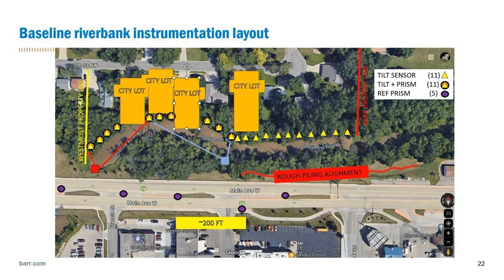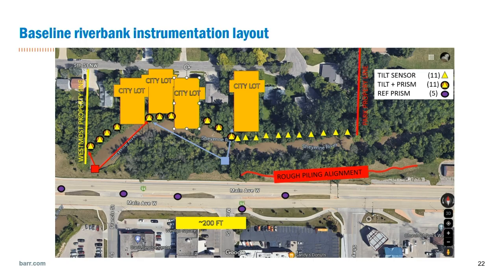Another issue we had was the riverbank monitoring. A number of the homeowners on this side were really concerned about this riverbank. So we set up a program where we had an automated motorized total station out in this field. In fact, we had two of them at the start of the project, here and here, that worked on line of sight, shooting prisms that were mounted on that north riverbank.